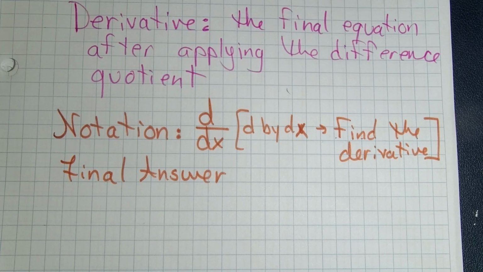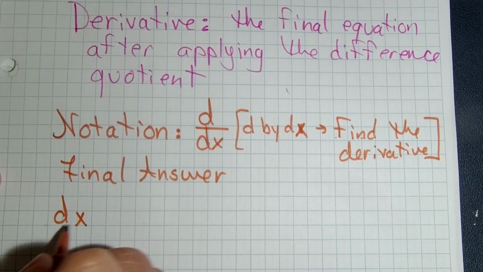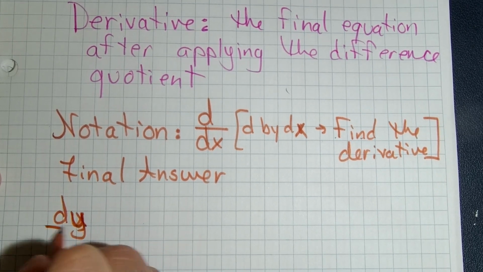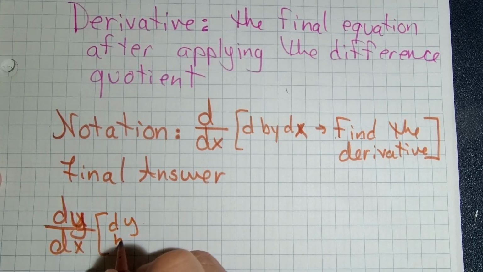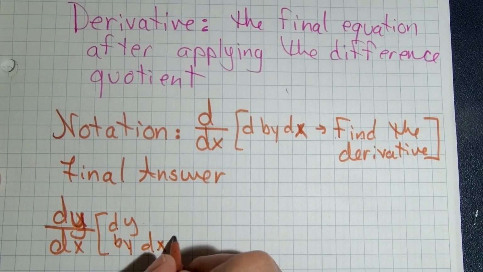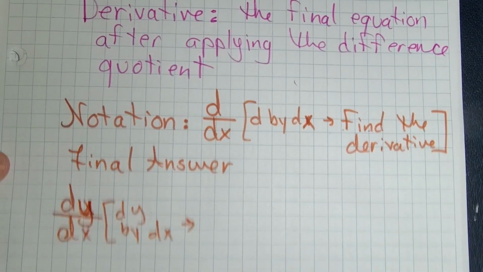We have 3 different notations, okay? The first notation is dy by dx. What this means, can I go down? Everybody have derivative?